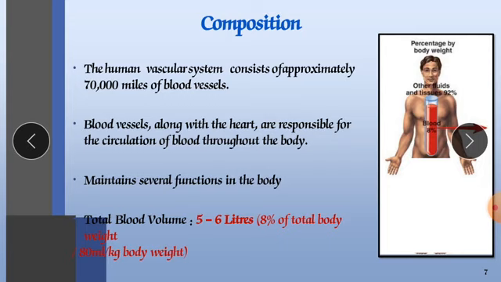Gangrene is a condition where the blood supply does not reach, so in that condition we have to cut that part. So it may occur in your extremities like fingers, toes. Blood vessels along with the heart are responsible for the circulation of blood throughout the body, means from the toe towards your head. So all over the body it reaches, it goes fast.